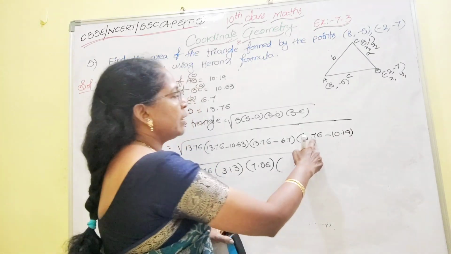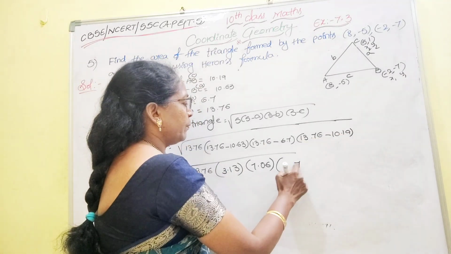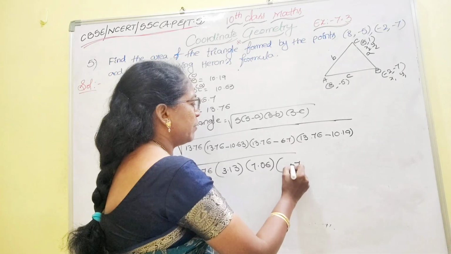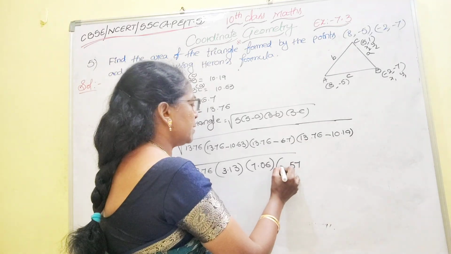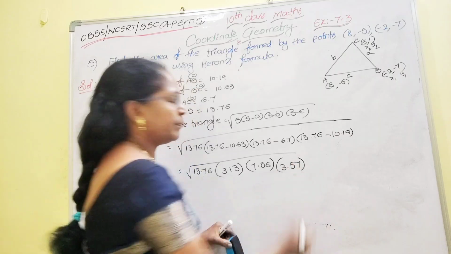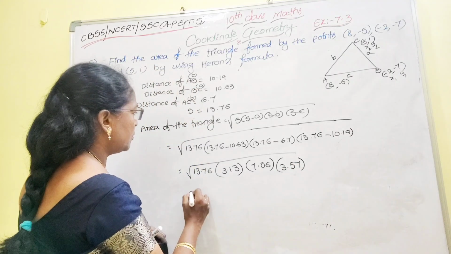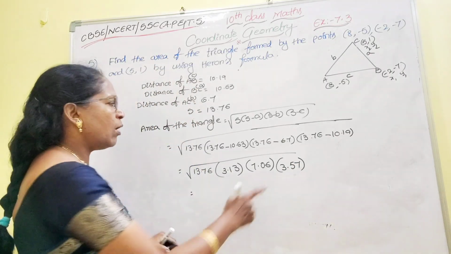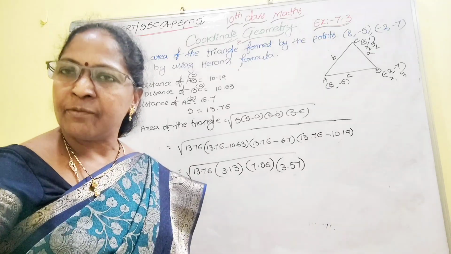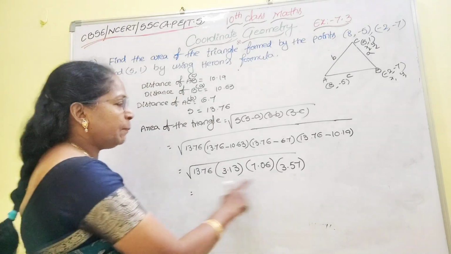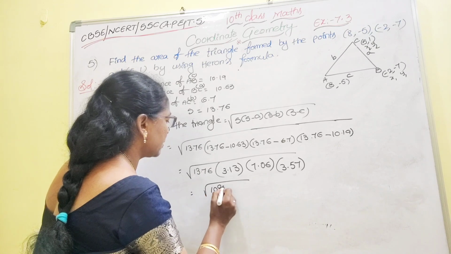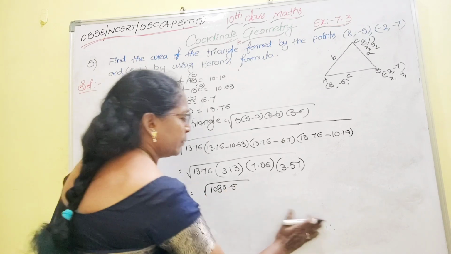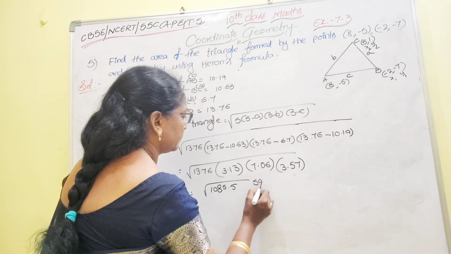In this one 6 minus 1 equals 5, point here. 13 minus 10 equals 3. Now multiply all these values and find the square root. If you multiply all these values, you will get 1085.5 square units.